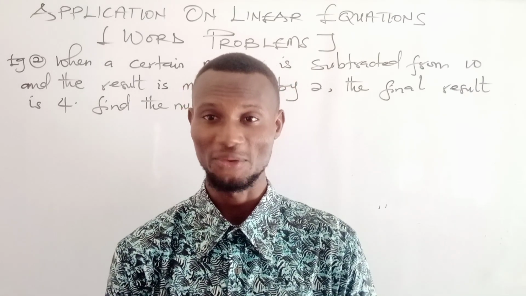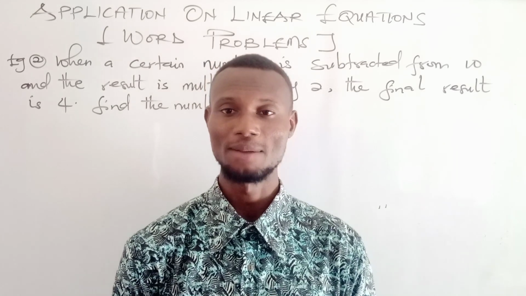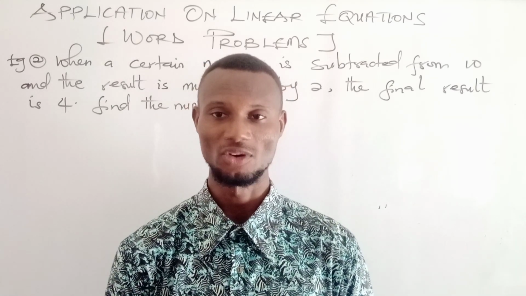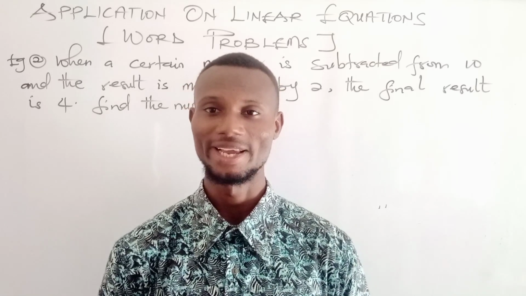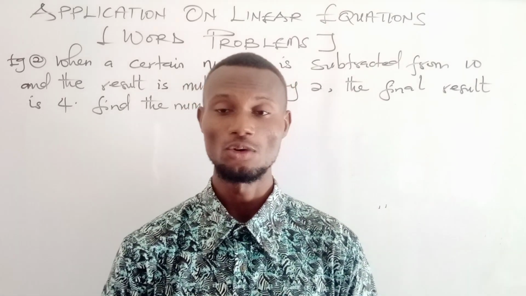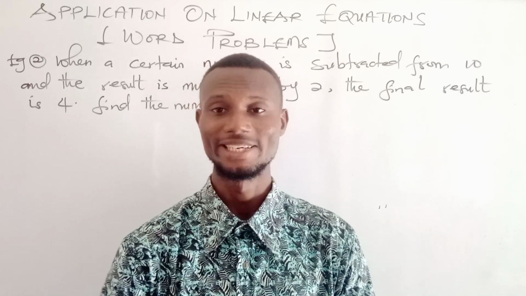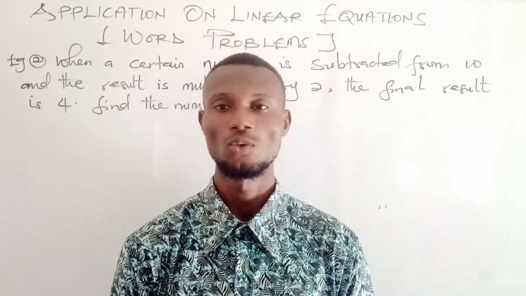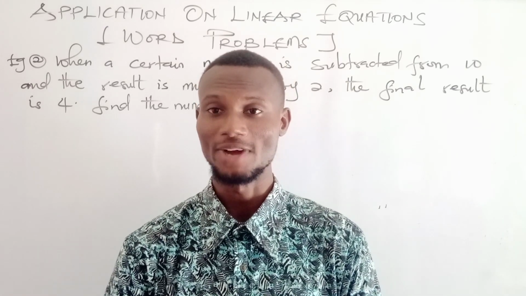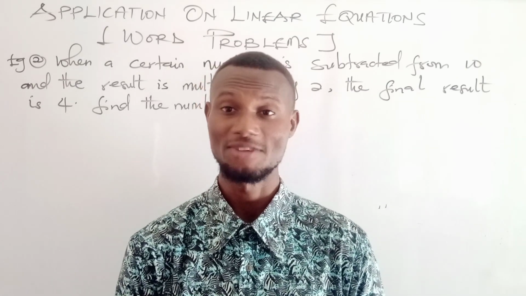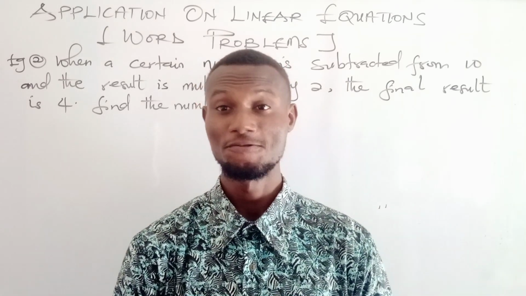I hope you agree with me up to this point. I'm just going to go over one more time. Anytime that you have a word problem question, and there's an unknown number or value that you are looking for, what you do is that you represent that unknown number or value by a variable, any variable that you want. That is the first step.